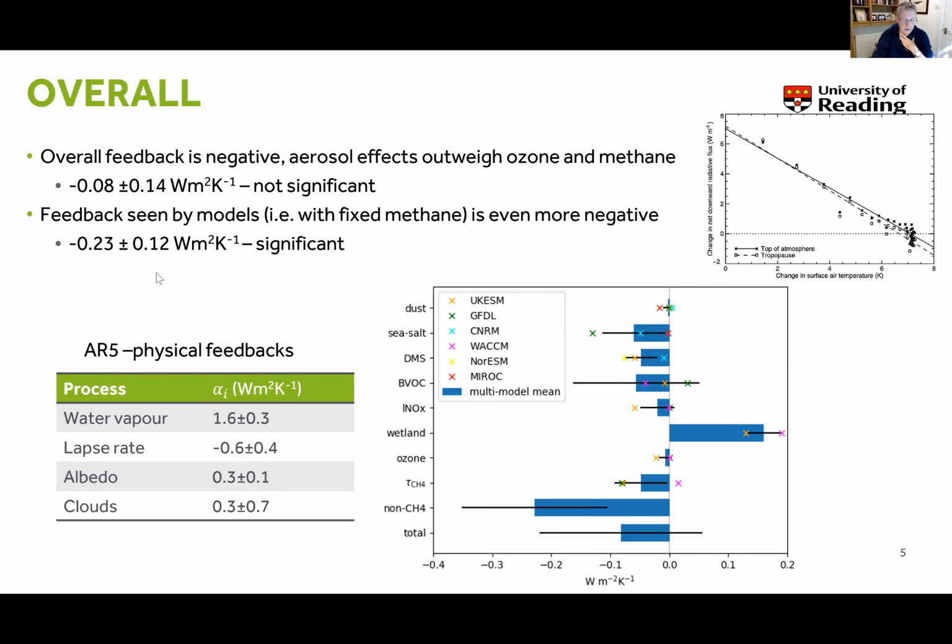That might not be too intuitive to people, so I've just listed here what other physical feedbacks are. So -0.23 is a similar order of magnitude to what we might expect from, for instance, the snow albedo feedback. Chemical feedbacks aren't as strong as the physical feedbacks, but they're not negligible compared to them. So that's it. Thank you.